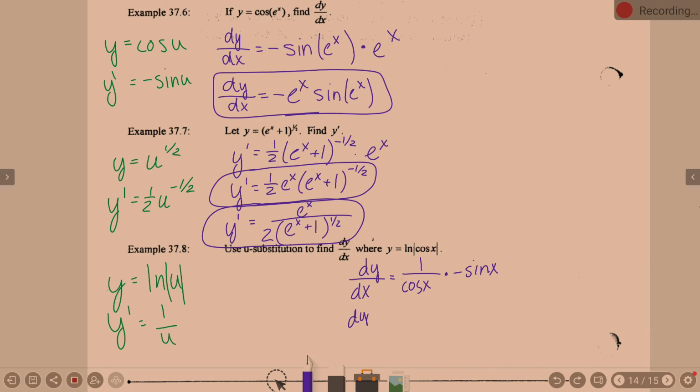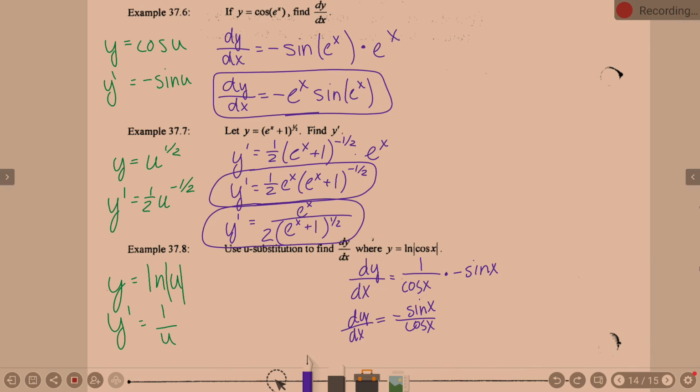I was just going to make it a fraction to start with. If you leave it as this, you miss what it could become. If we put it back as a fraction, then it's the negative of sine x over cosine x.